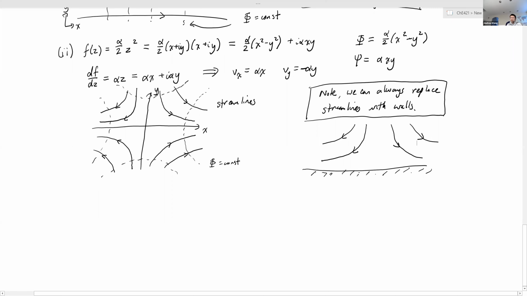So I'll say this is the same. So that gives us a nifty way of calculating flow profiles.